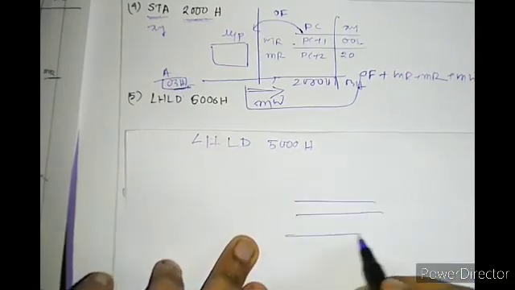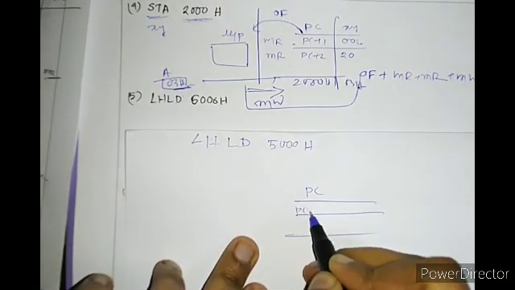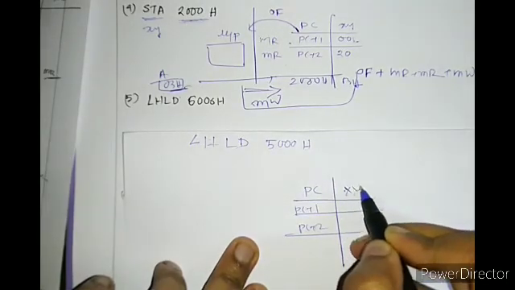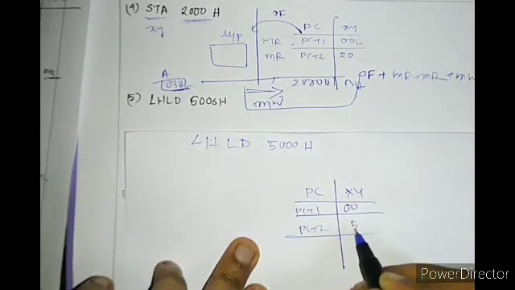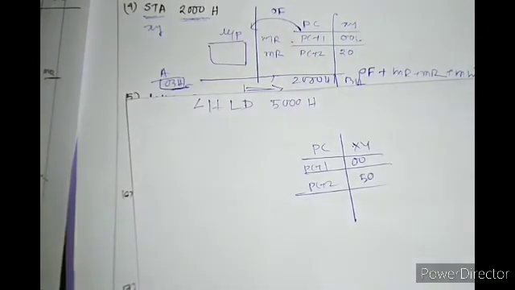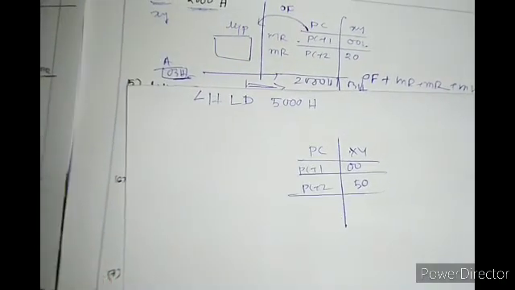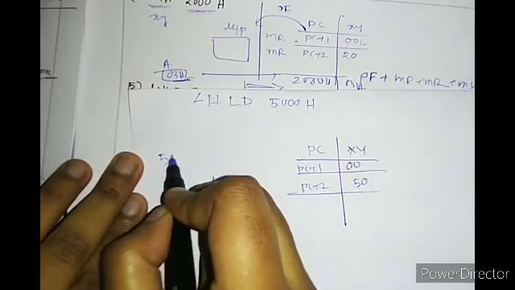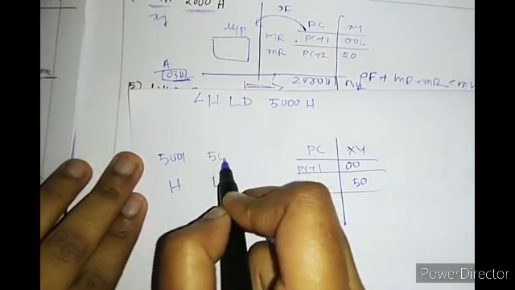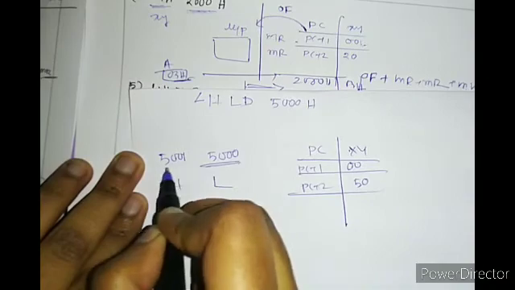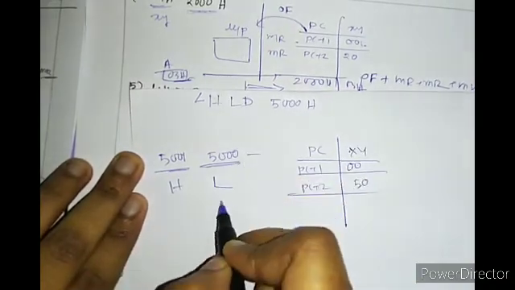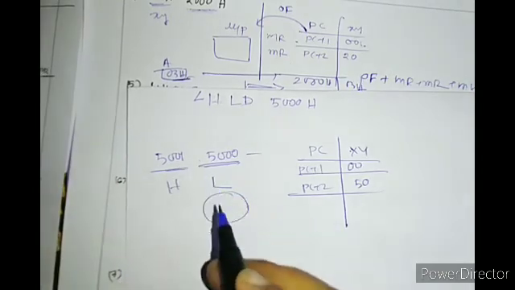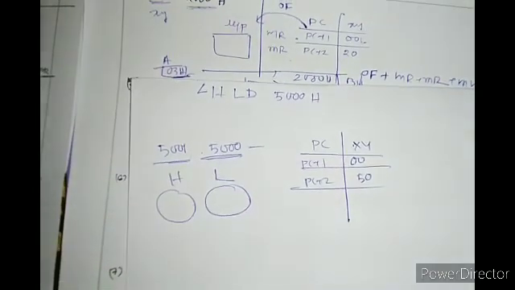So PC plus 1, PC plus 2, whatever, 00 50. First we have to understand what this instruction does. H and L, 5001 and 5000. The data from location 5000 will get stored in L. The data from location 5001 will get stored in H. Okay.